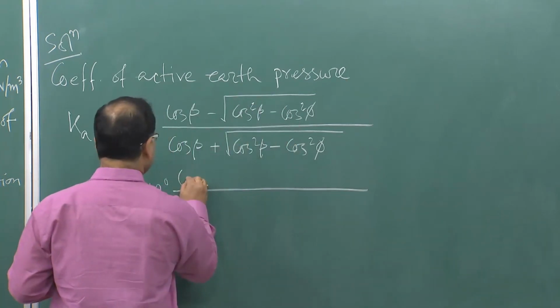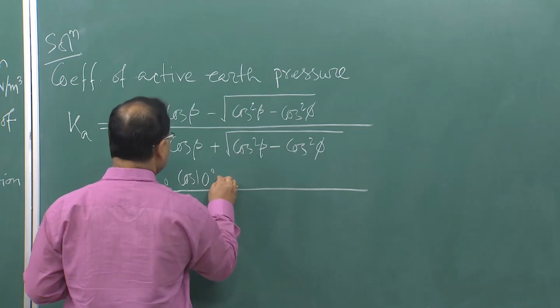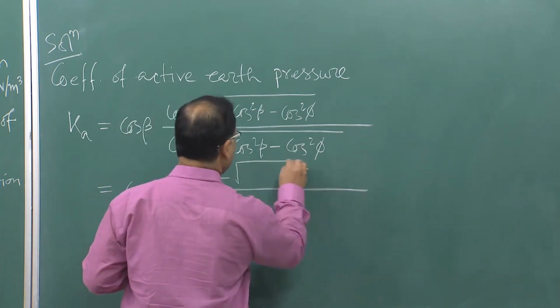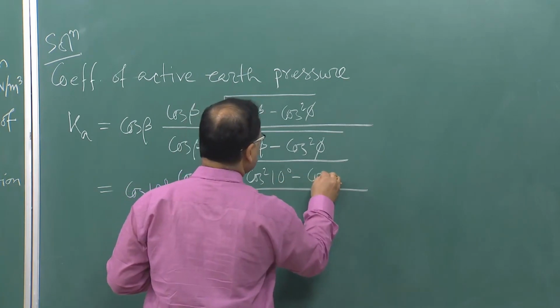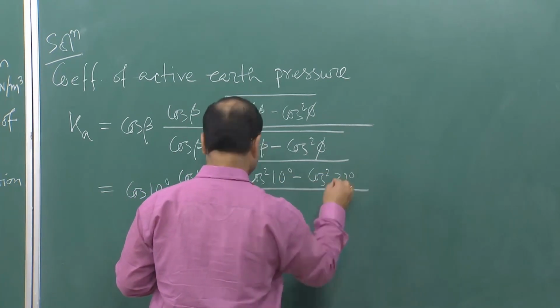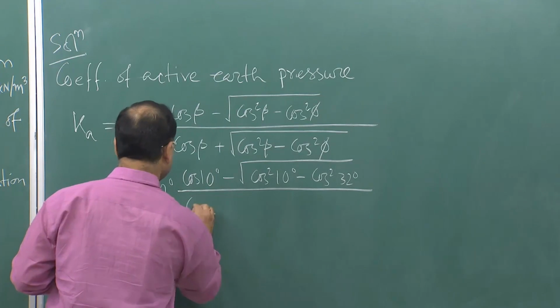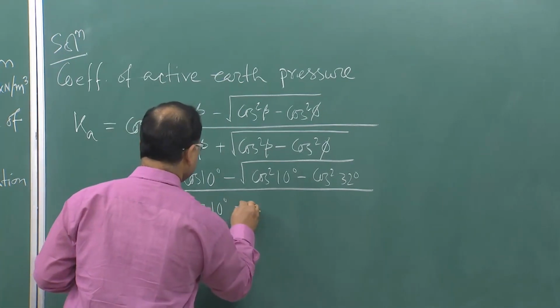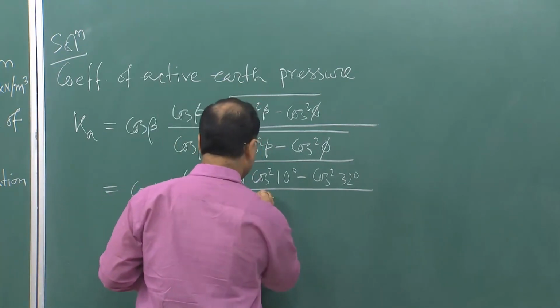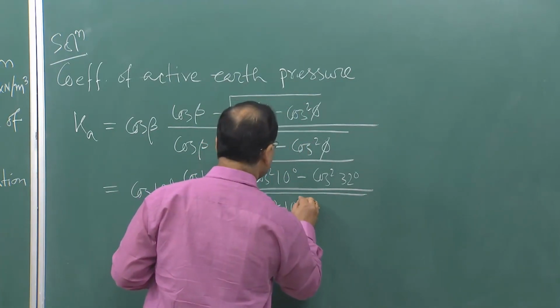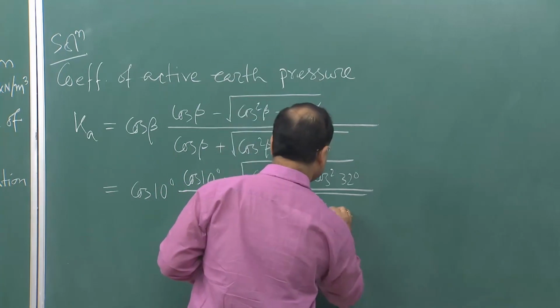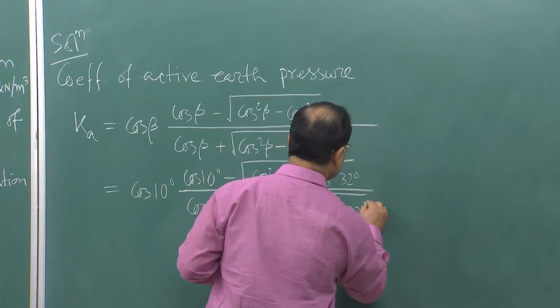So Ka equals cos 10 degree into cos 10 degree minus square root of cos square 10 degree minus cos square 32 degree, divided by cos 10 degree plus square root of cos square 10 degree minus cos square 32 degree.